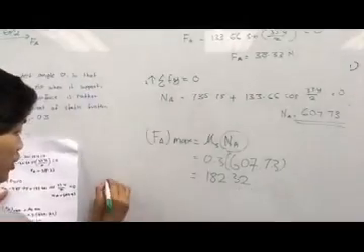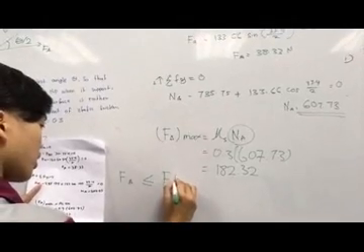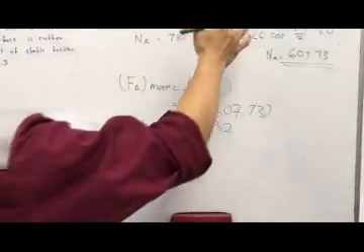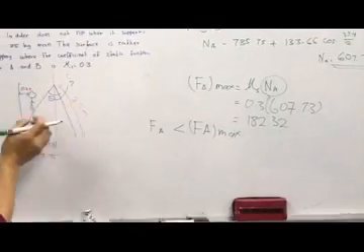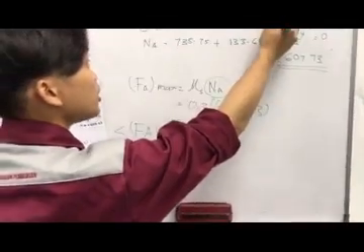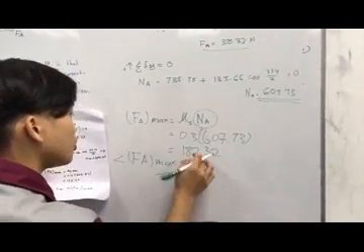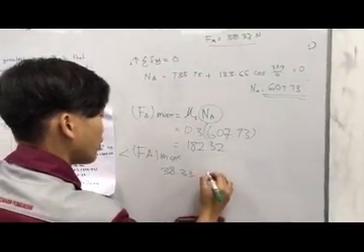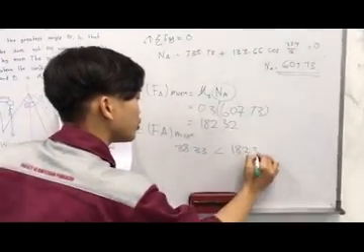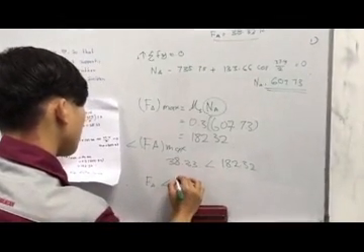The condition is that FA must be less than FA max in order to prove that the ladder supports the man and does not slip. We got FA equal to 38.33 and FA max equal to 182.32. Therefore, FA is less than FA max.